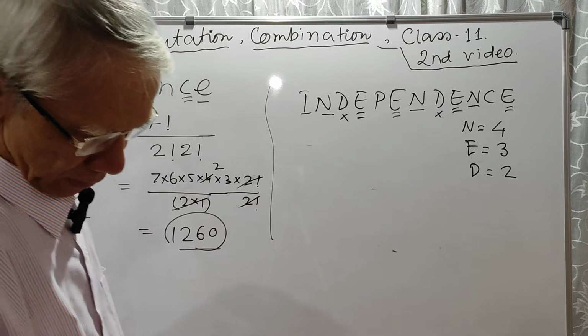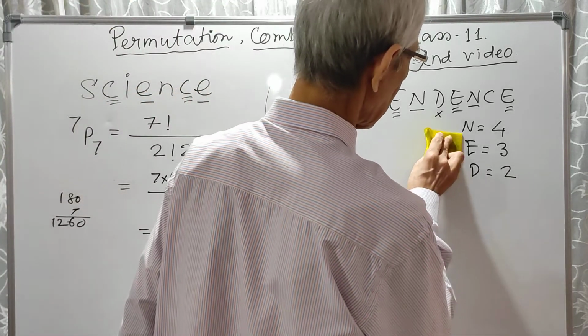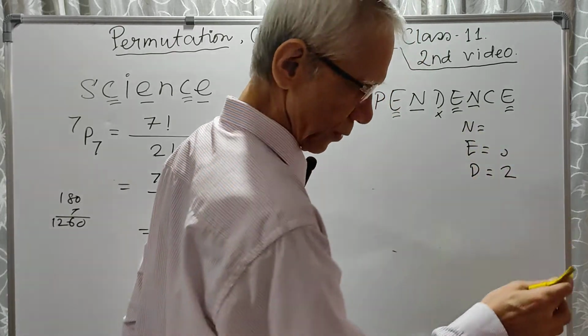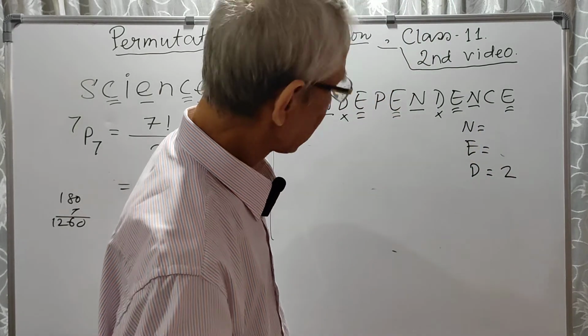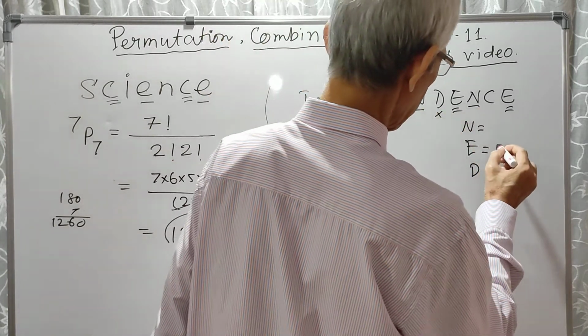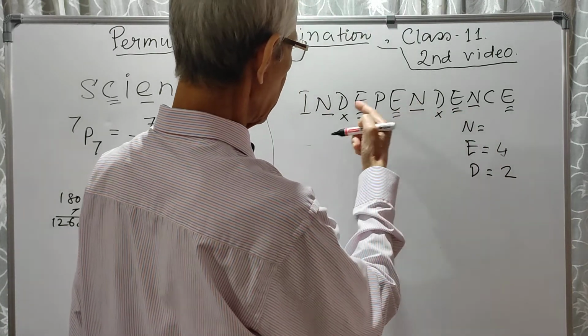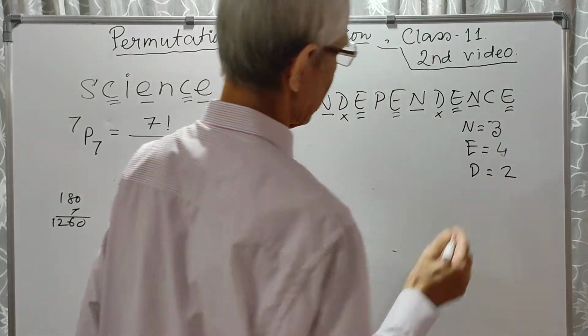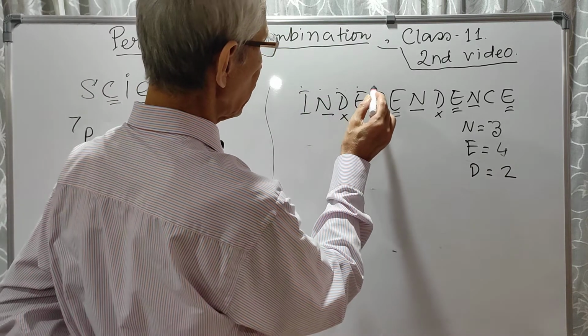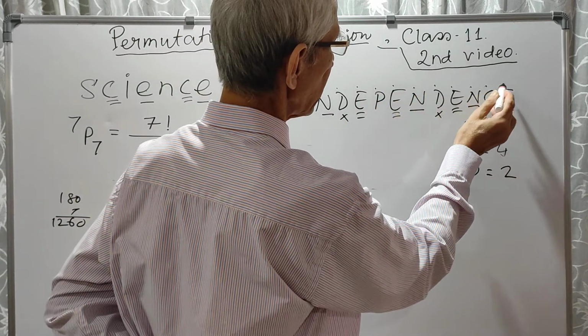So N 3 times, D 2 times, and E 4 times. And there are total how many letters? 12 letters: 1, 2, 3, 4, 5, 6, 7, 8, 9, 10, 11, 12.